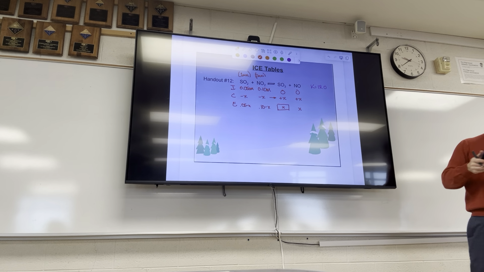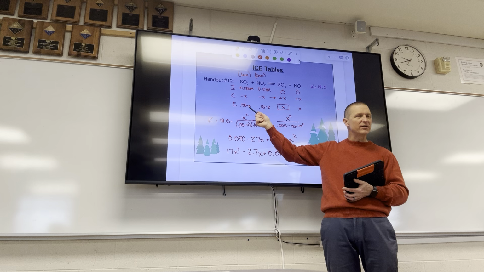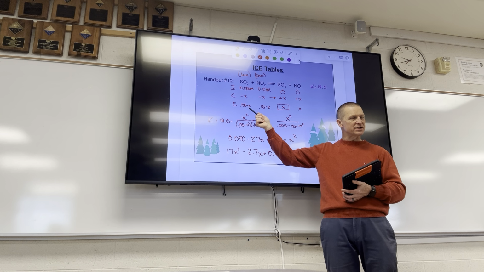So if x gives you a negative number, that can't exist because your products are going to be x concentration. Or if x is bigger than 0.05, that can't be either because the reactant concentration is 0.05 minus x, and that would give you a negative concentration.